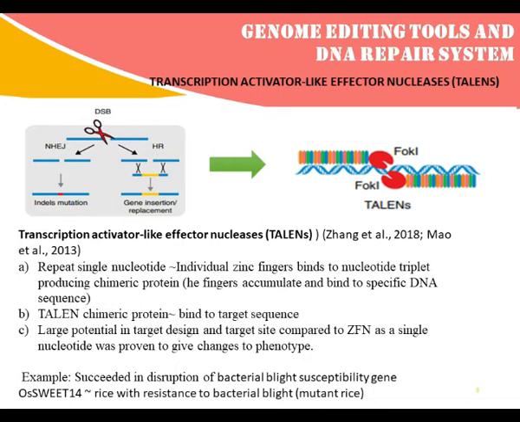TALEN has large potential in target design and target site compared to ZFN because it targets a single nucleotide, and it was proven to give changes to phenotype. For example, TALEN has succeeded in destroying a bacterial blight susceptibility gene and produced rice with resistance to bacterial blight disease.